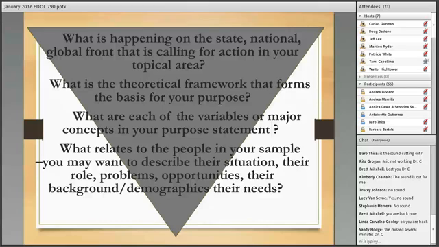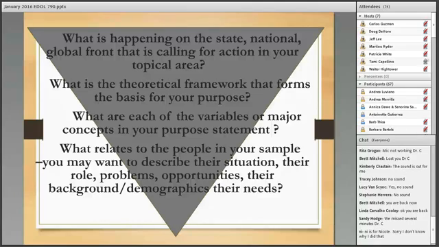So that funnel in Chapter 1 really goes from the broadest point to the narrow point, and that narrow point will end with your purpose and your research questions. That same funnel, but in far more detail, will be expanded in your review of literature. So having the funnel right from the beginning is a very important part. And those funnels should match, because those funnels create that line of logic.